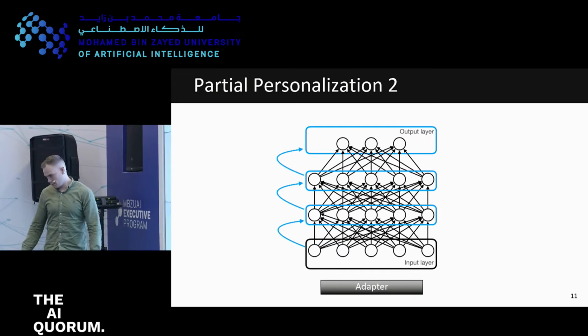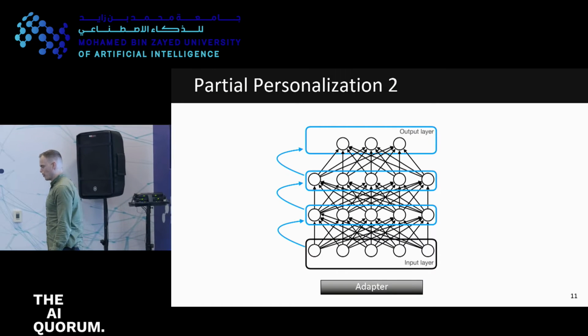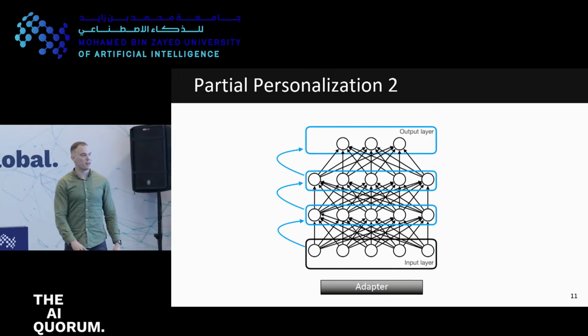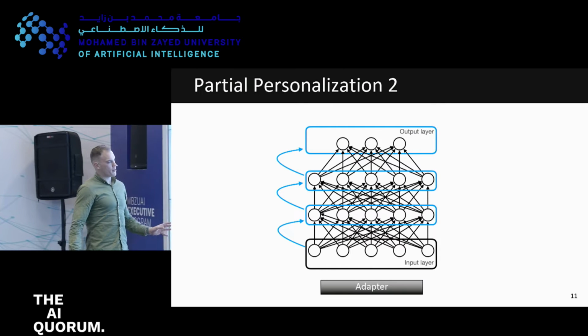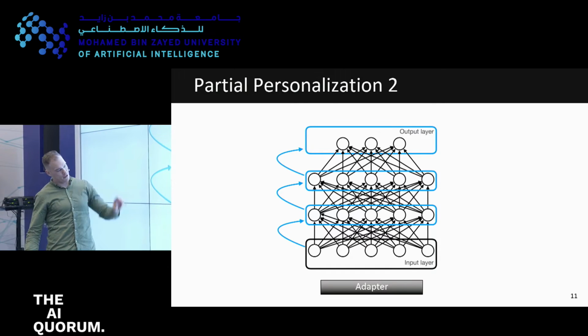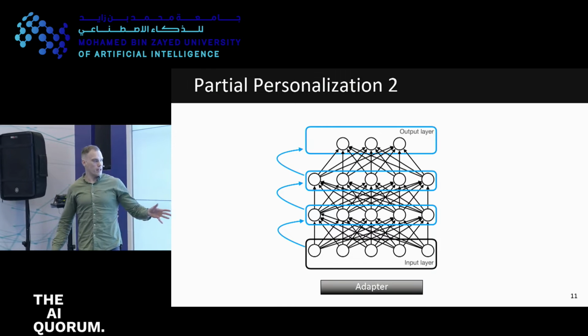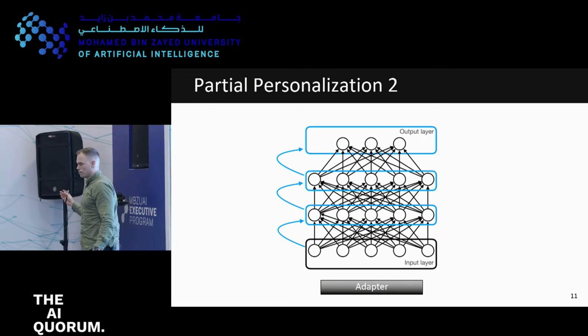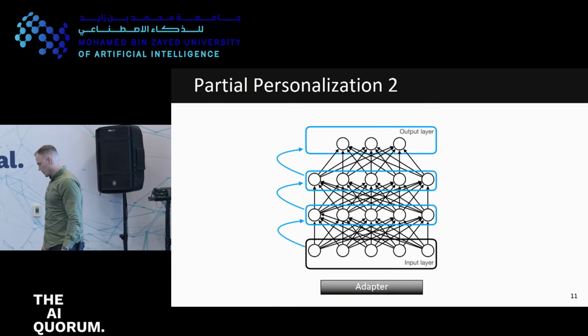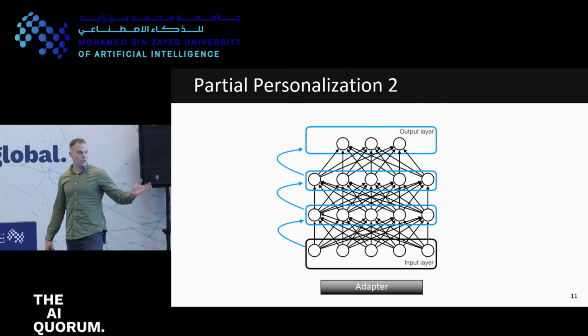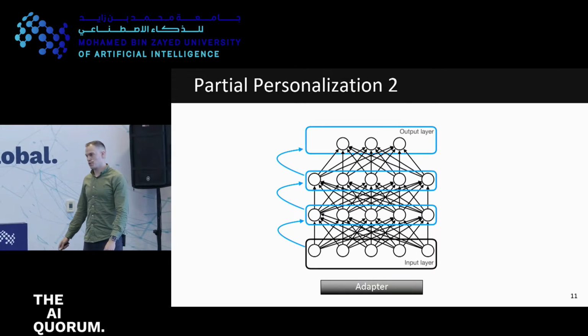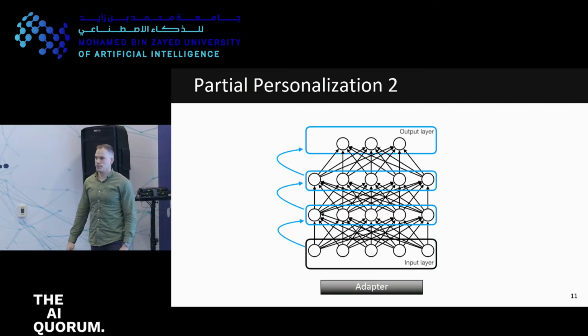Another approach, which I think is currently very popular, is to include adapters. We would have adapters that are local to each client and personalize our model, and a very common way to personalize a model, especially for language models, is the LoRA adapter.